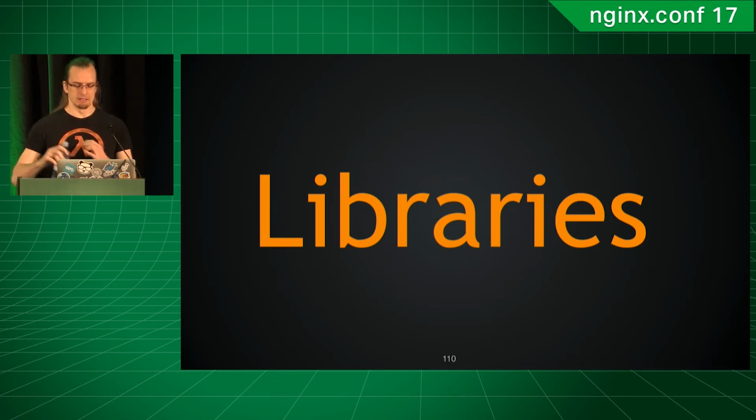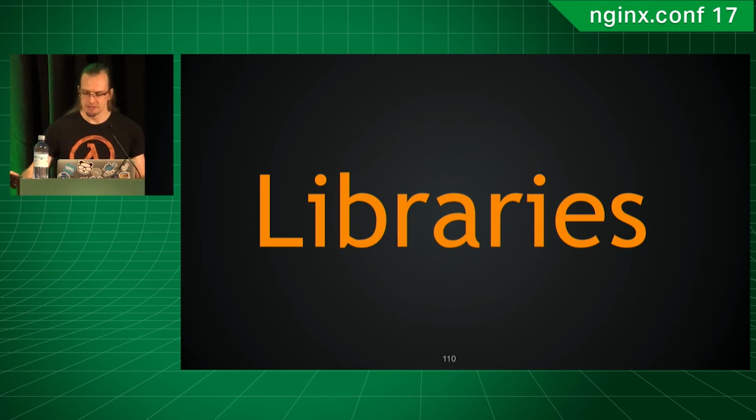So now we are at library levels. We will discuss the commonly used libraries in web servers. If all previous tunings were basically applicable to pretty much any high-load network server, these are more web-specific.